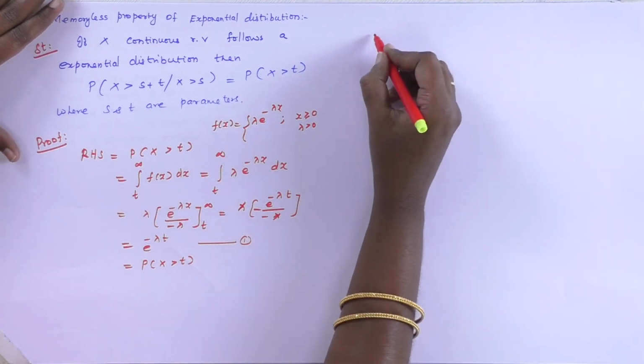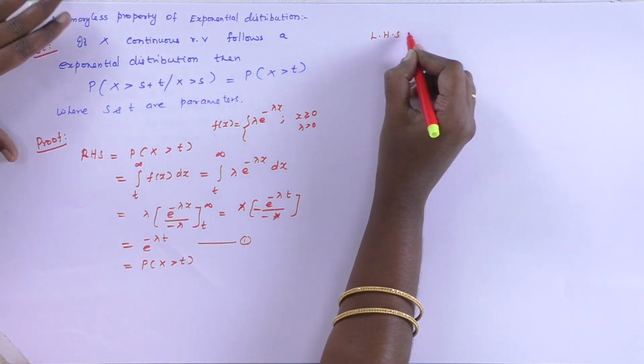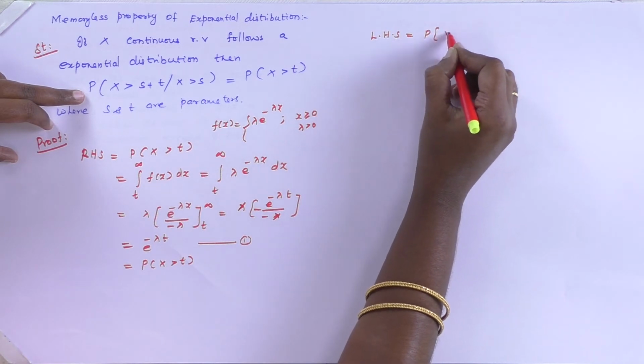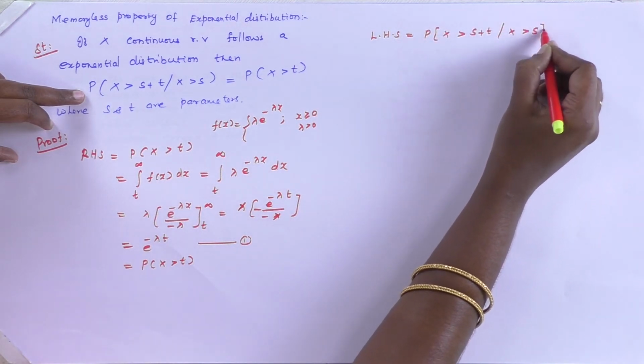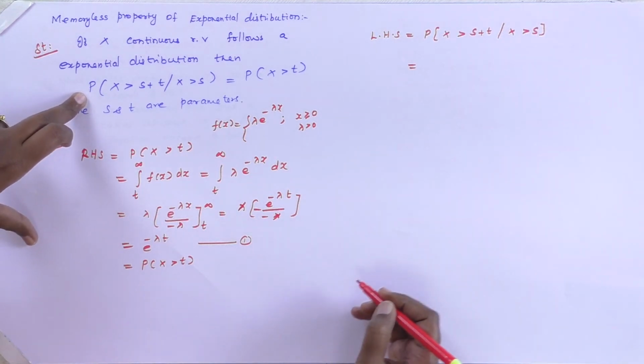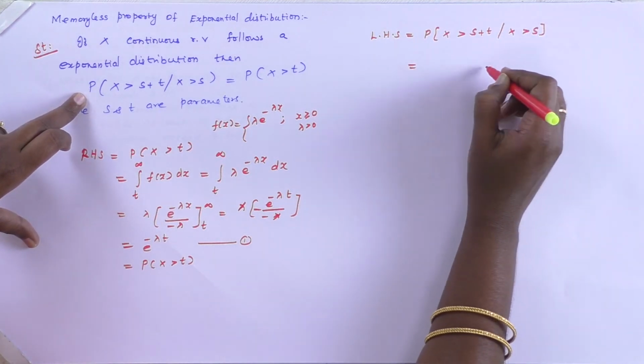Now we consider the left hand side value. Left hand side is p of x greater than s plus t, conditional on x greater than s. Okay, we consider the number line.